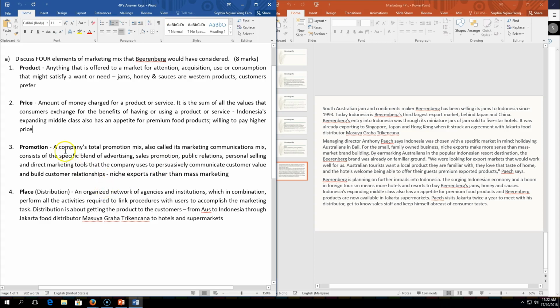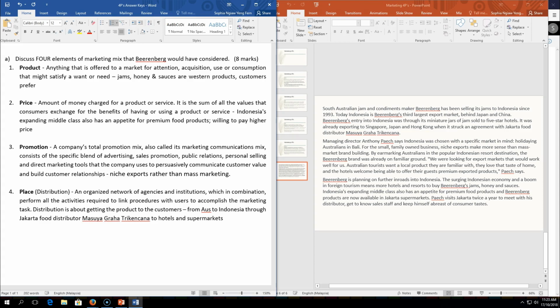Now promotion, there is no way you can get marks without definition. So then you apply, what do you think is the promotion that Berenberg employed in Indonesia? So it's pretty obvious that they are targeting niche exports rather than mass marketing as mentioned in the case. You may want to further elaborate because this is a bit kind of like just copy and paste, right? So you may want to explain to show you understand what it means.